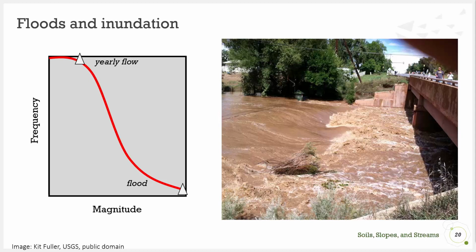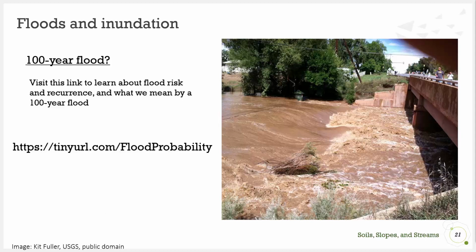A 50-year flood has a 2% chance of occurring, and a 10-year flood has a 10% chance of occurring. These floods could occur back to back in 2 years. To better understand these terms and how they're determined, follow the link and watch the video.